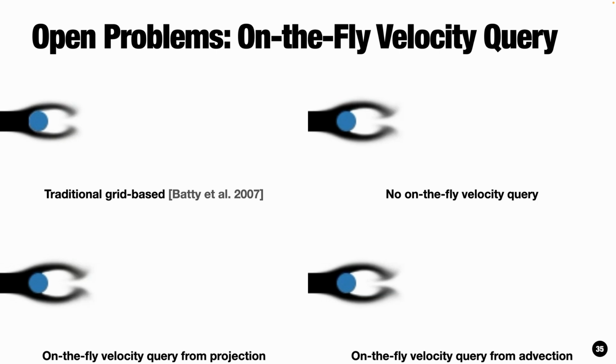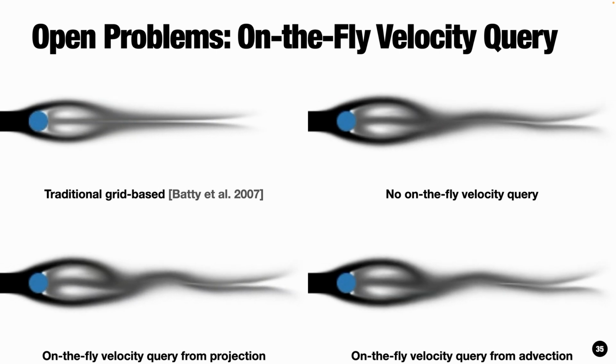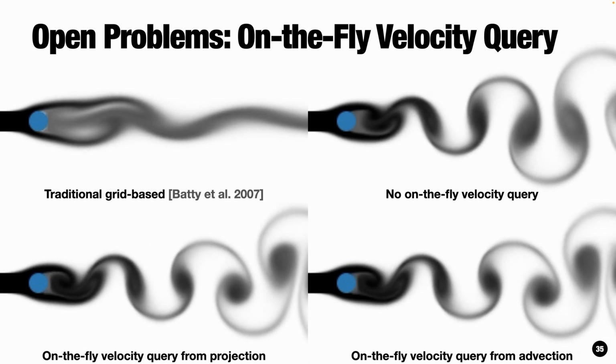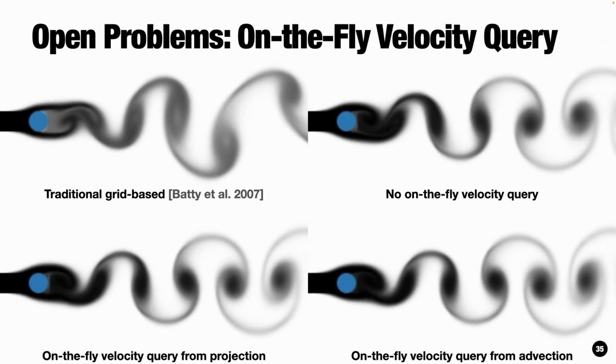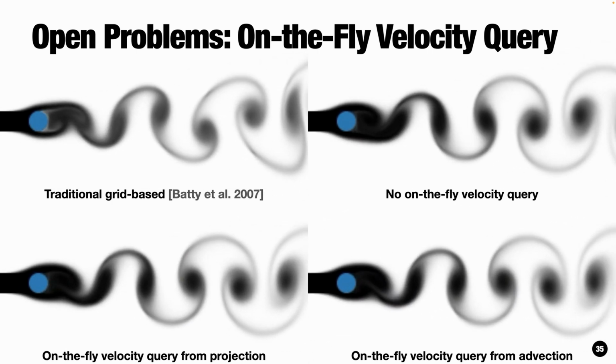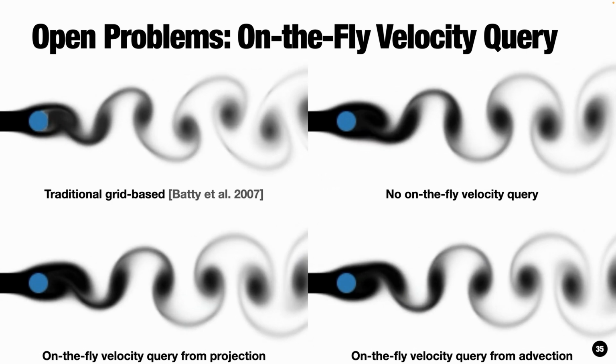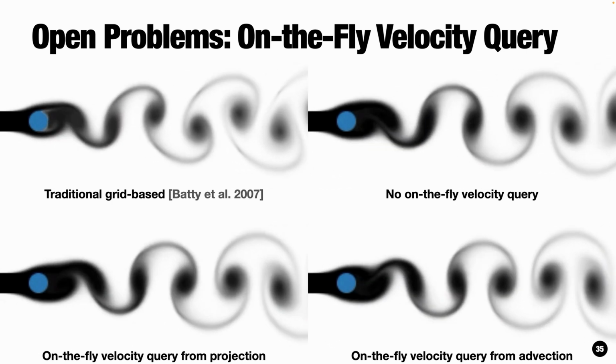Besides the advantages that our method already demonstrates, there are a few open problems. In theory, utilizing the on-the-fly velocity query should reduce interpolation errors. While all three alternatives give consistent results with the traditional grid-based method, we do not see the clear advantage of using the on-the-fly evaluation with these examples.